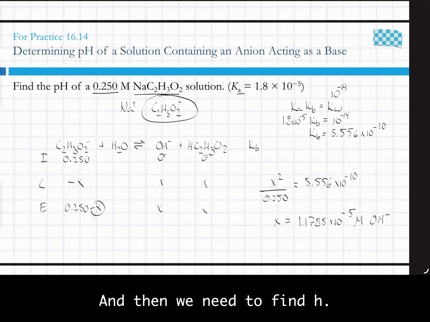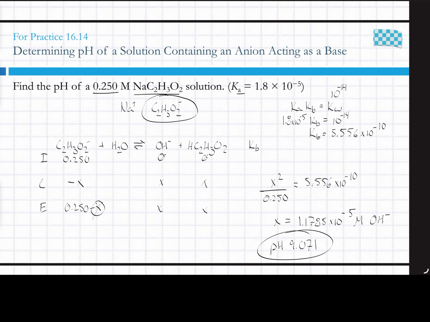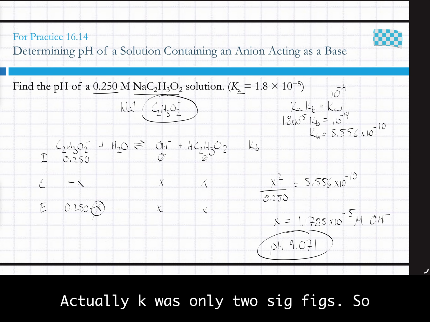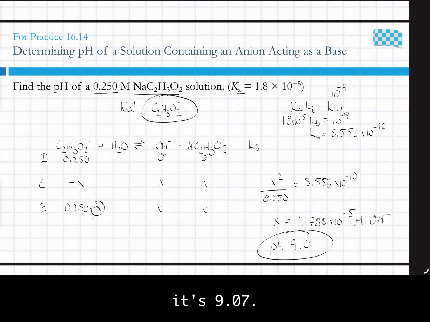And then we need to find pH. pH is 9.071. Actually, Ka was only 2 sig figs, so it's 9.07.